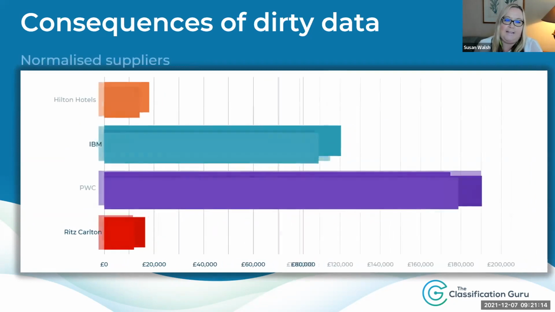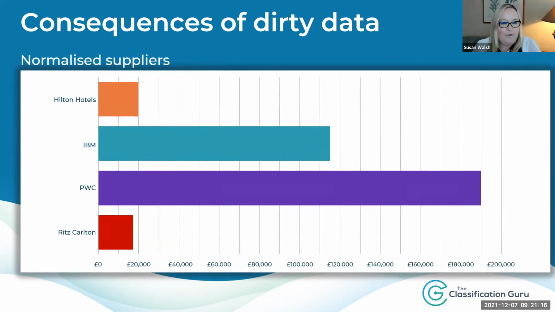But when we normalize that, we find we've actually only got 4 suppliers, and that spend with PwC isn't 75,000 at all, it's 190,000. That's a huge difference. That's the power of normalization. And it might not be suppliers that you do, it could be products or groups, categories, it could be anything.